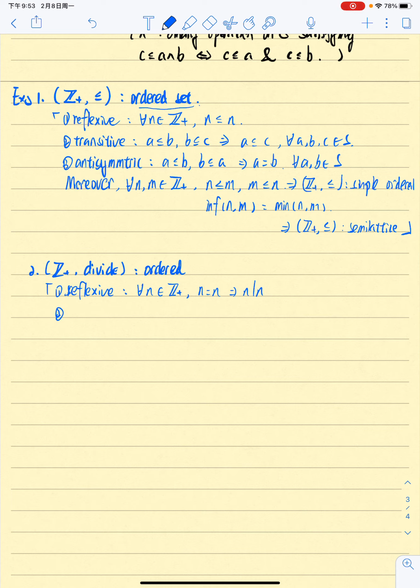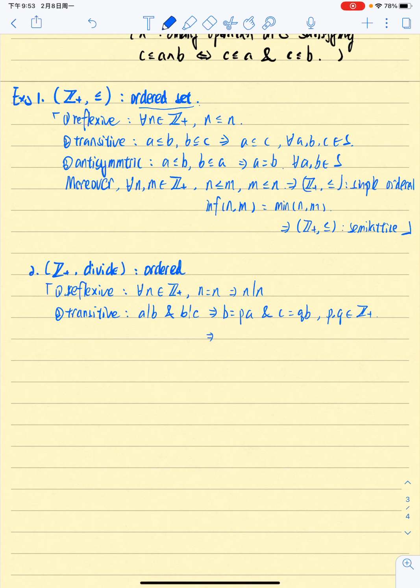And second, transitive: A can divide B, and B can divide C. By the divides relation, there must be some P such that B is equal to PA and C is equal to QB, and P, Q are positive integers also.